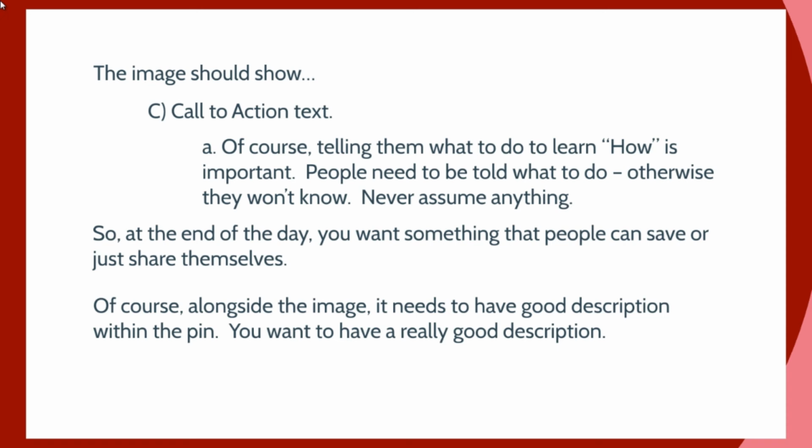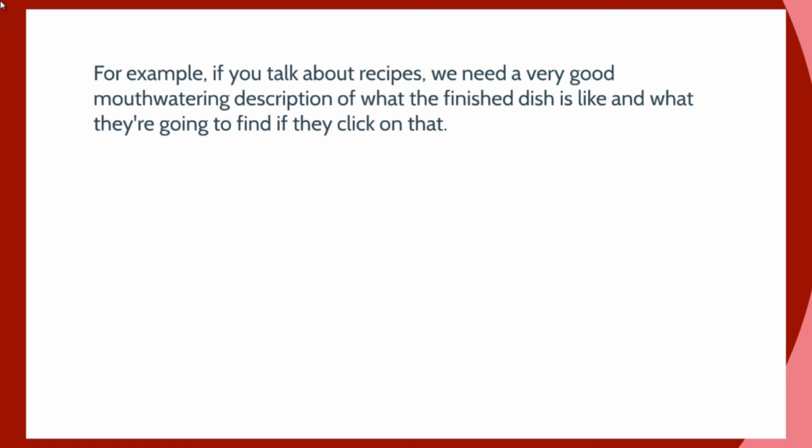So those elements, if you utilize those elements in your copy, in your description, those are elements that people want to know, because people don't want to spend a lot of money typically, and they don't want to spend a lot of time, because time is money. So again, if you talk about recipes, it needs to have a very good mouth-watering description of what the finished dish is like and what they're going to expect if they click on it.